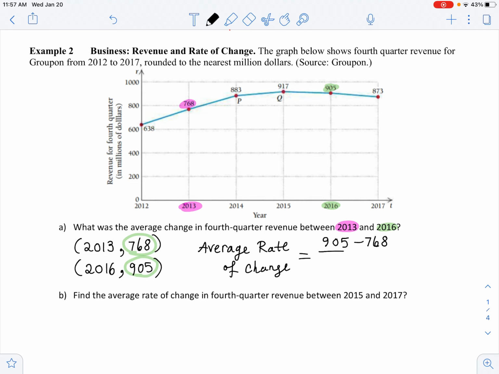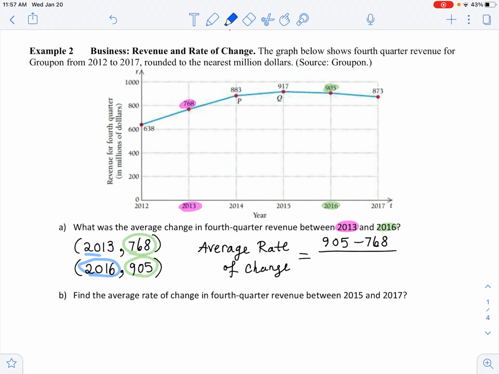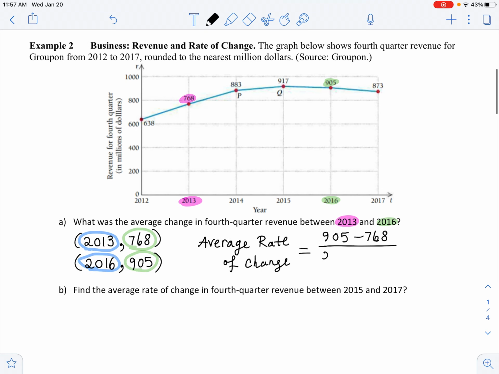And I need to divide that by the x values of 2016 minus 2013. Okay, so what is the numerator? I'm typing this 905 minus 768. Numerator is 137 and the denominator is 3. So it went up $137 million in a 3-year period.